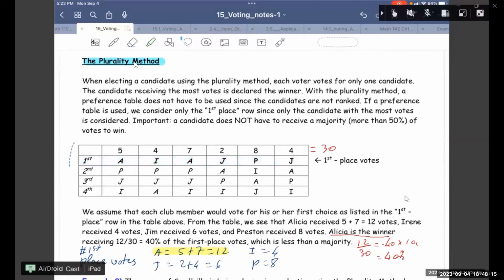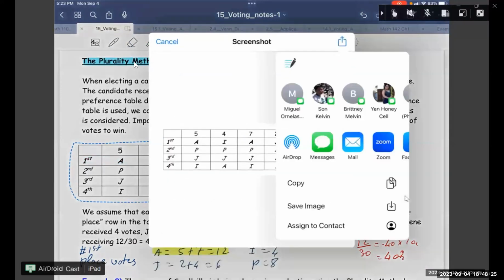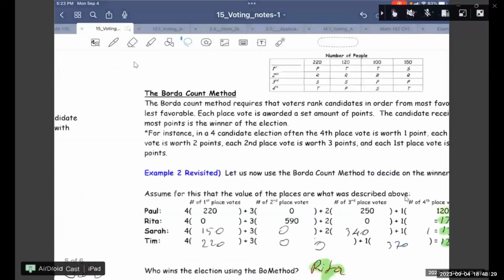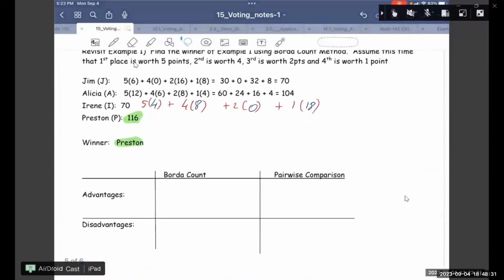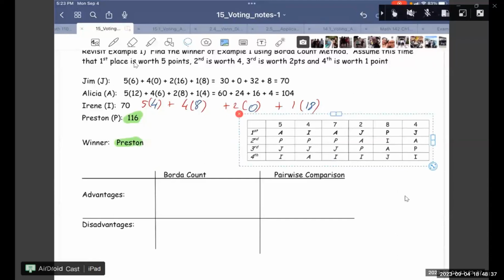So we can copy that one down. And you can see that. Okay.